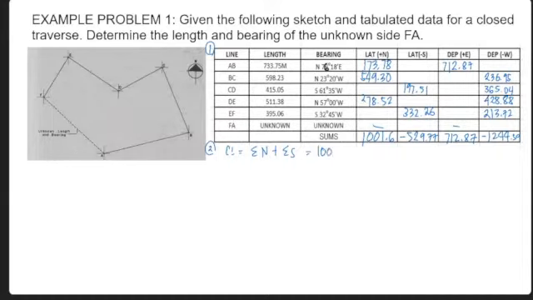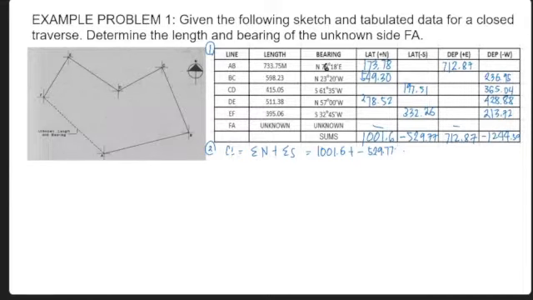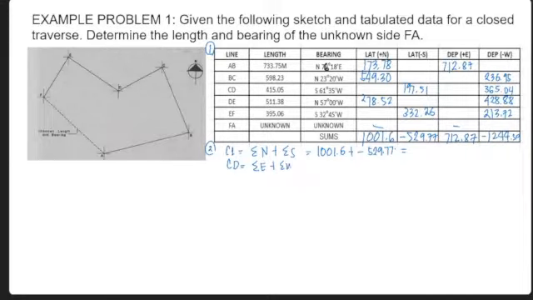So 1,001.6 for the north plus negative 529.77 for our south. And for CD, for our departure, the algebraic sum of east and west: 712.87 plus negative 1244.59 meters equals what is our CL and what is our CD.